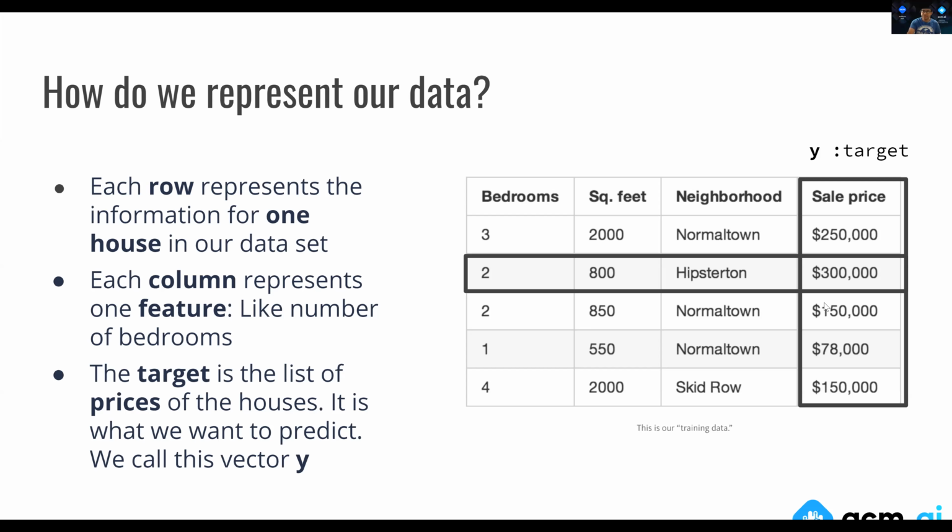That's pretty analogous to what we see here, where you can look at these features like bedroom, square footage, and neighborhood as different variables. These variables are usually denoted as x1, x2, x3, all the way until xn. If you have n features, n could be 10 or it could be 200.